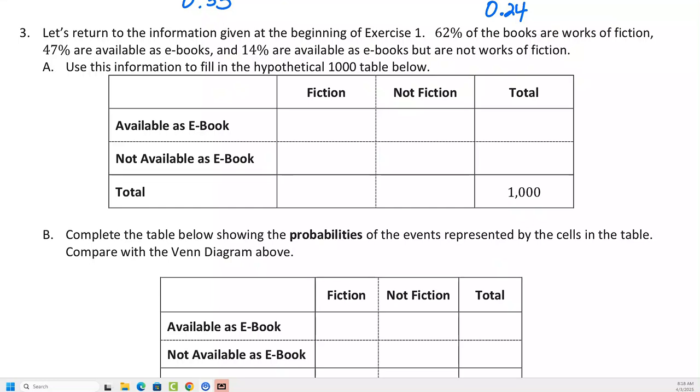So let's start with this 62% of the books are fiction. So of my cells, 1, 2, 3, 4, 5, 6, 7, 8, 9 is already filled in with 1,000. Which of those 8 cells is going to represent all of the books that are works of fiction?